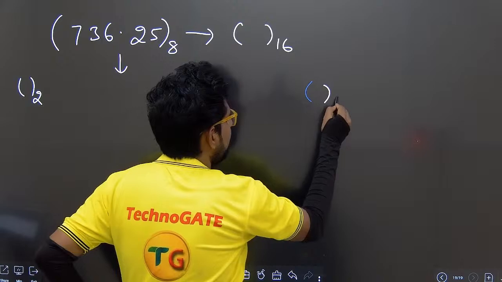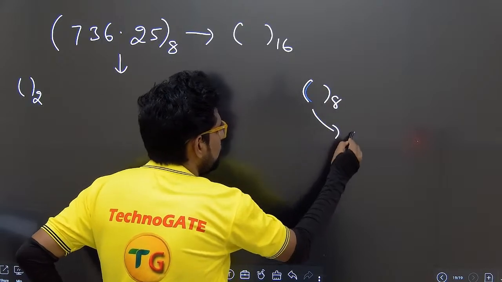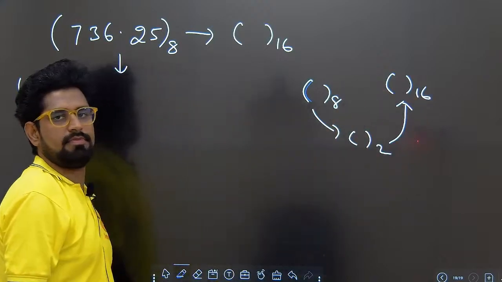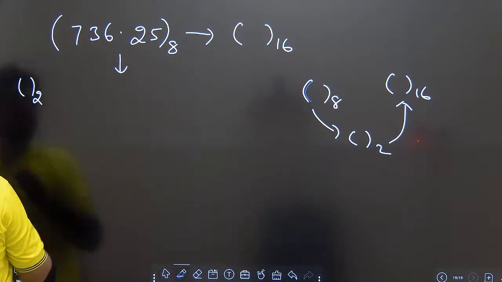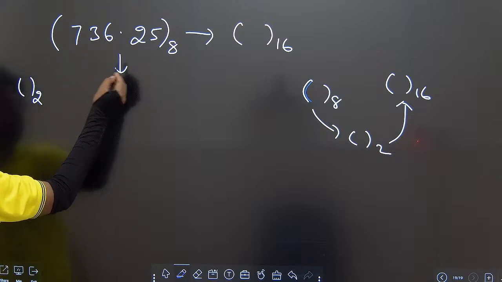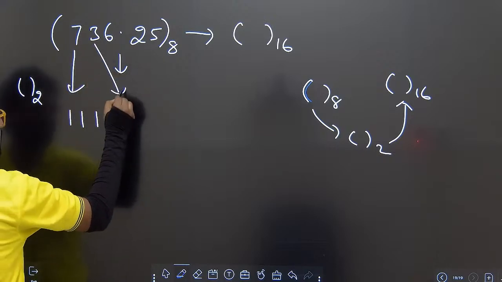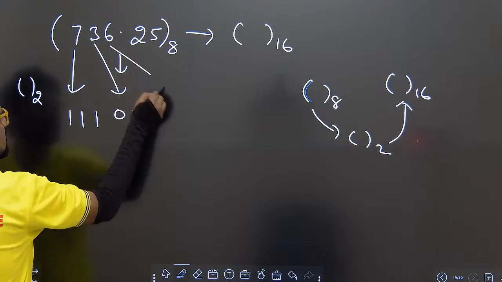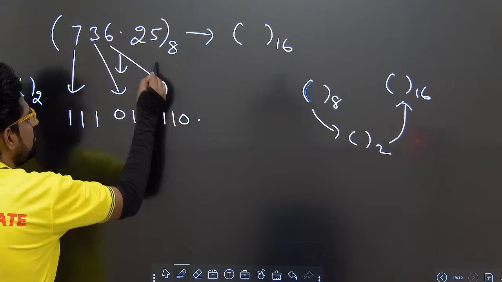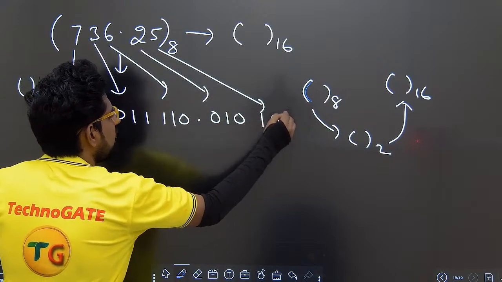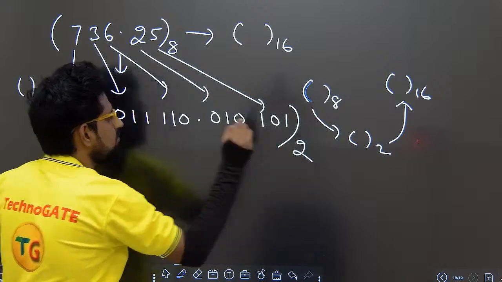I said 8 should be converted into 2, 2 should be converted into 16. So to convert base 8 to 2, write codes: 7 is 111, 3 is 011, 6 is 110, 2 is 010, 5 is 101. This is what? Base 2.